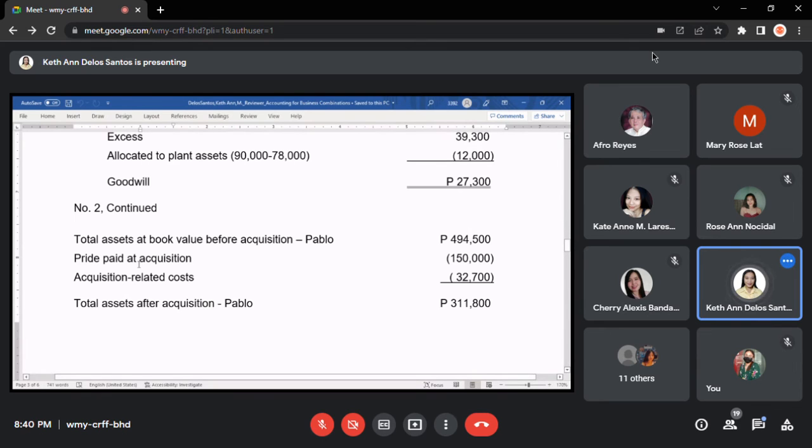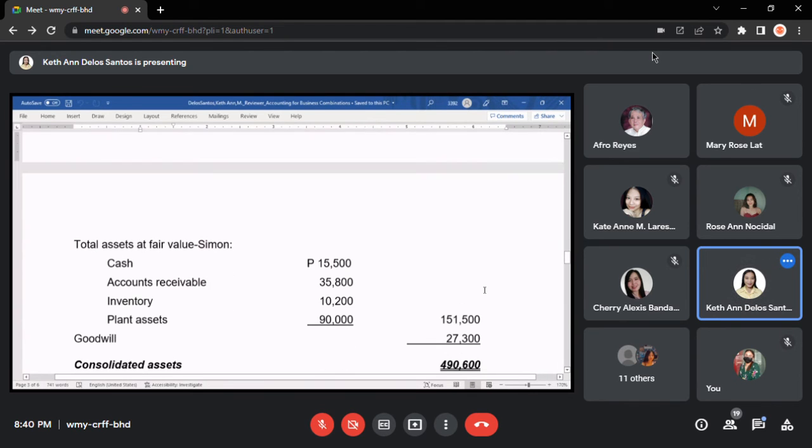Price paid at acquisition of negative 150,000 pesos. Acquisition related cost of 32,700 pesos. Kaya siya negative, ibabawas kasi siya dun sa book value na inacquired ni Pablo is the total assets after acquisition of Pablo is 311,000 pesos.